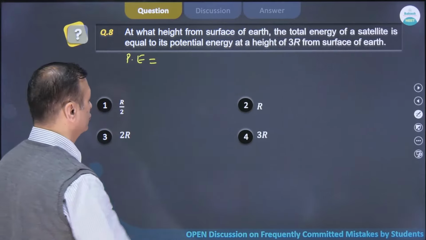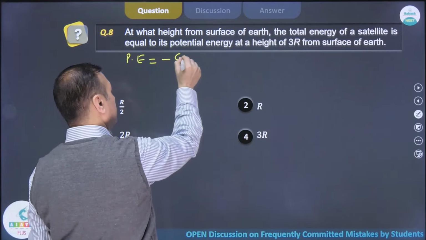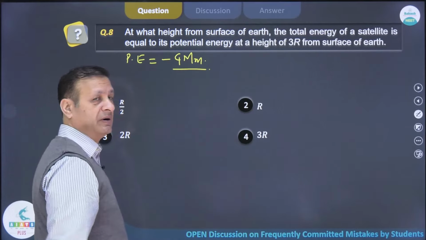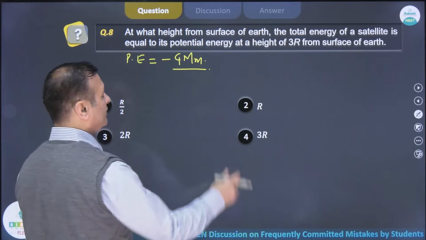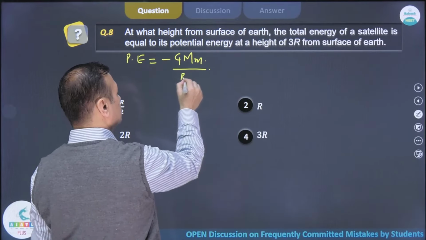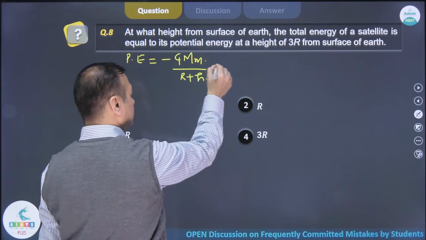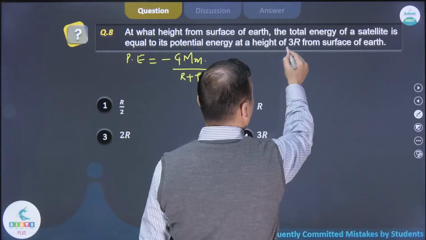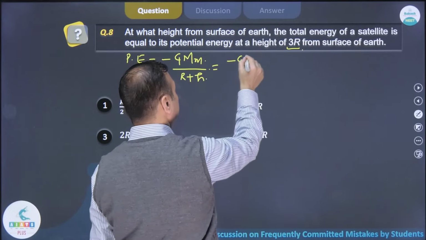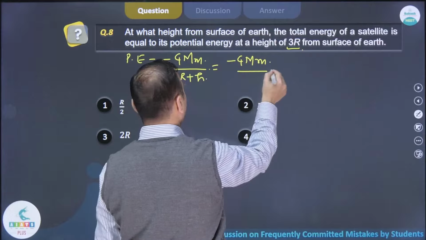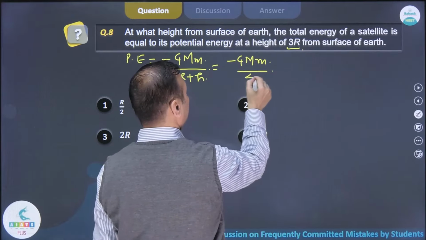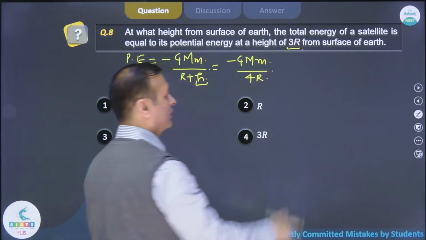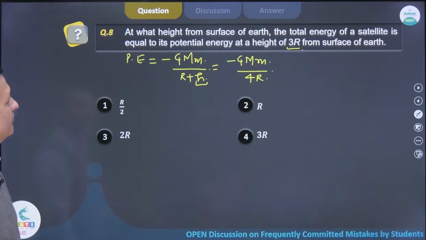That potential energy is minus G M m by (r plus h), where capital M is the mass of Earth, small m is the mass of the satellite, and h is the height from the surface, given as 3r. So this becomes minus G M m by (r plus 3r), that is 4r.